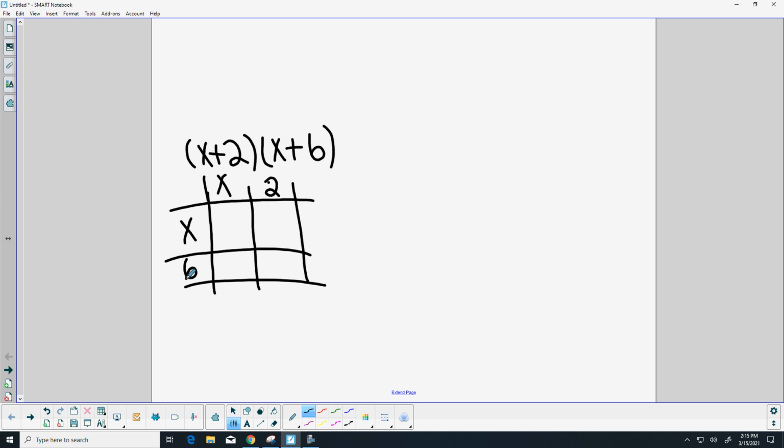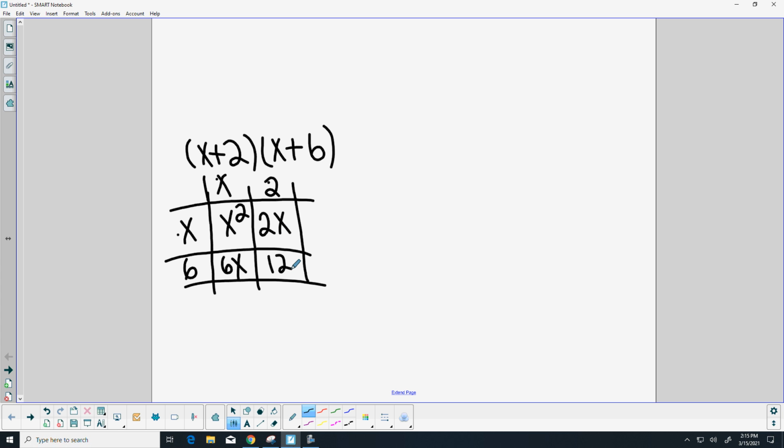So how you would solve that is you would multiply the two x's together. So you get x squared, and then you could do it by rows or columns. I'm going to do columns, so you would multiply x by 6, and you get 6x. And then you would multiply x by 2, and you get 2x. And then you would multiply 6 and 2, and you would get 12.